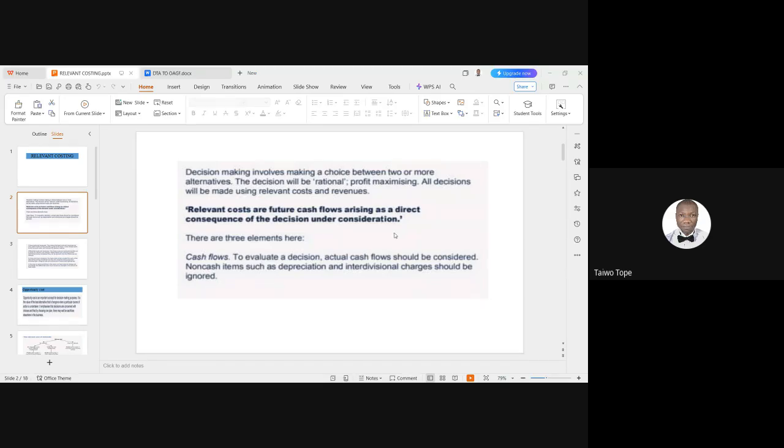So the incremental cost, those fixed costs we will incur at that point in time, are relevant costs. But those fixed costs that have been existing over time are not relevant to the decision you are taking at that point in time. The additional cost, the incremental cost you will incur in relation to fixed costs, are relevant costs.